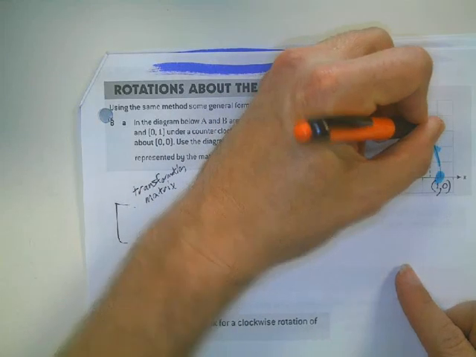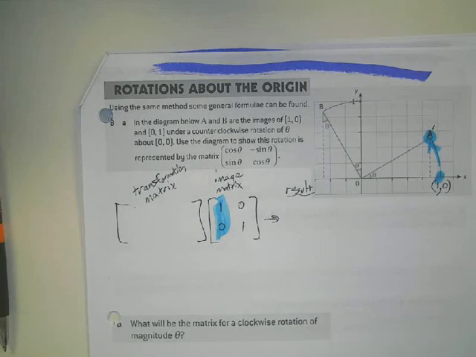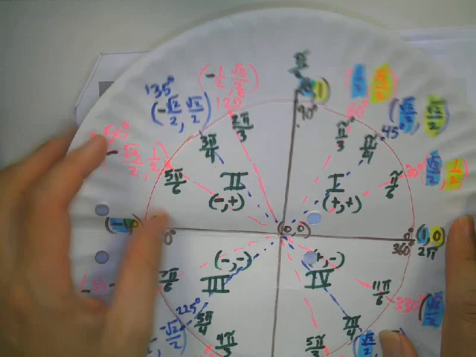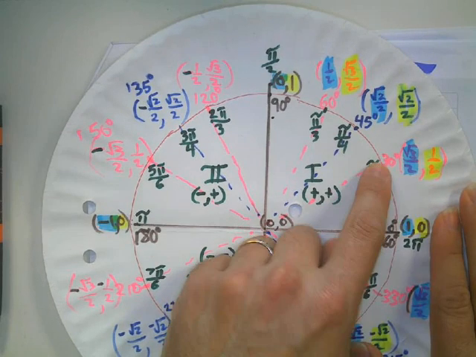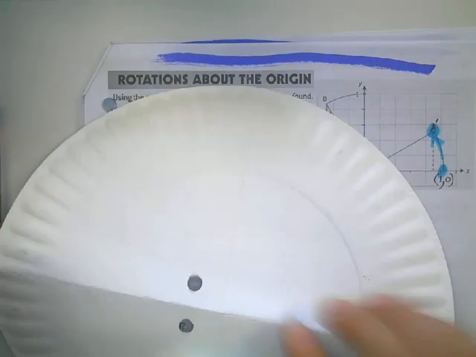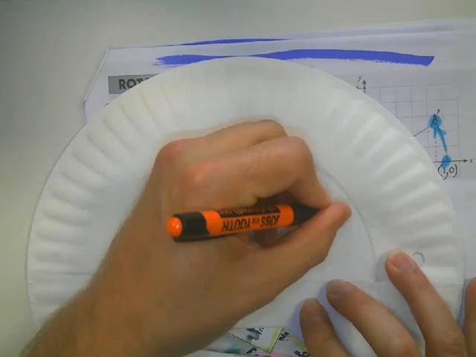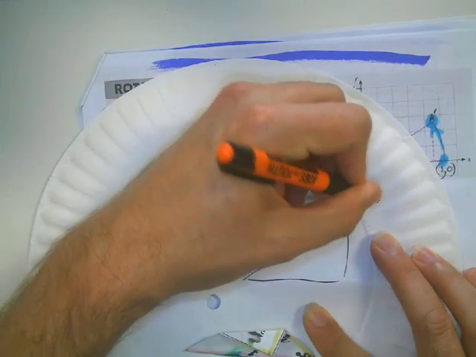We learned from our unit circle that the x-coordinate is cosine theta, and the y-coordinate is sine theta.